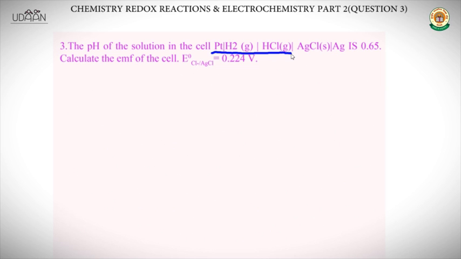First we'll write the half reaction for this. This is half H2 gives H plus and an electron. This is the oxidation of hydrogen. And for this we know E standard is equal to 0 volt. We take this as the standard.